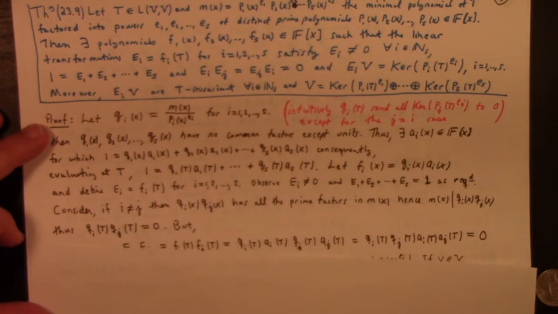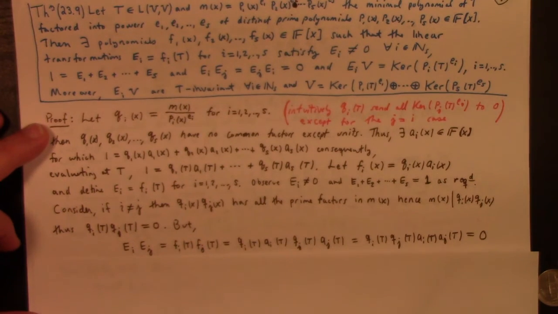On the other hand, EiEj is fi(T)fj(T), which is qi(T)ai(T)qj(T)aj(T). You can commute polynomials built from the same transformation. So I put these next to each other, and that's 0. That proves that these pairwise products are 0. They commute, in fact, to 0. If I did Ej times Ei, I'd also get 0.